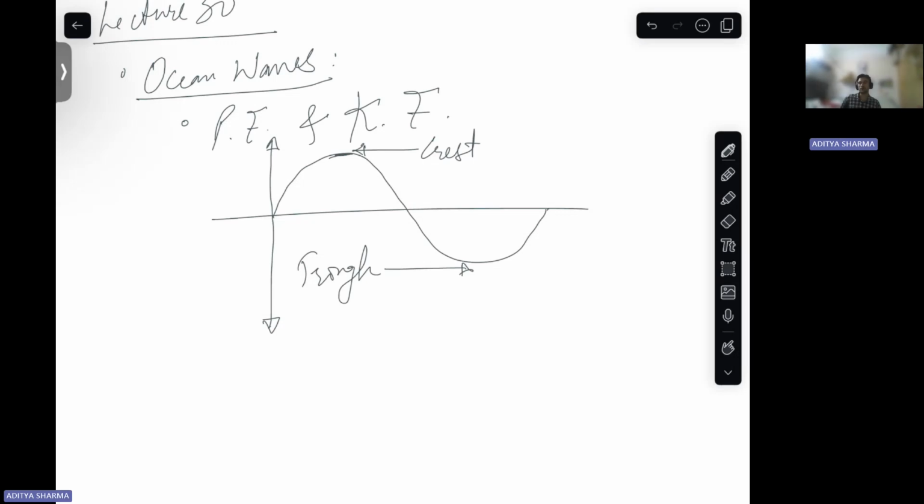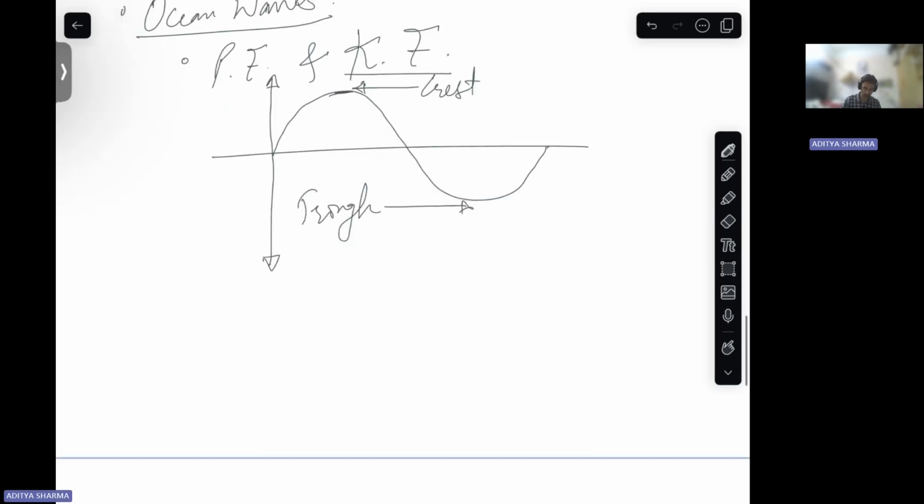Because of wave motion, your water gets lifted up at the crest. This gives rise to potential energy, right? But then there is also kinetic energy present because of this wave motion. Okay.